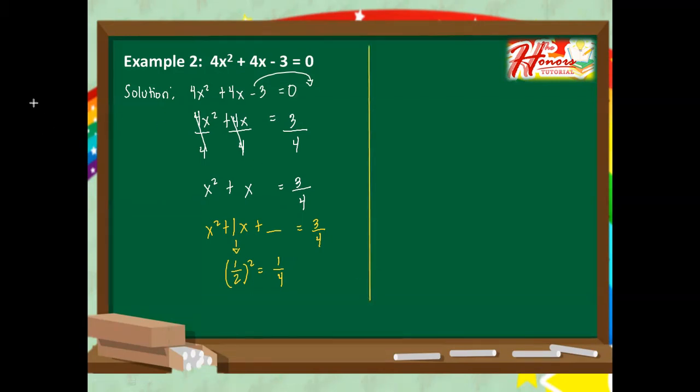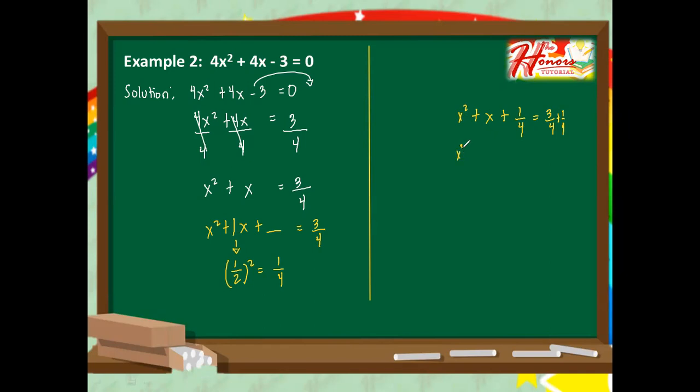Let me just write a line here. So that is x squared plus x plus 1/4 or 1 over 4 equals 3 over 4 plus 1 over 4. So let's simplify first the right side of the equation.